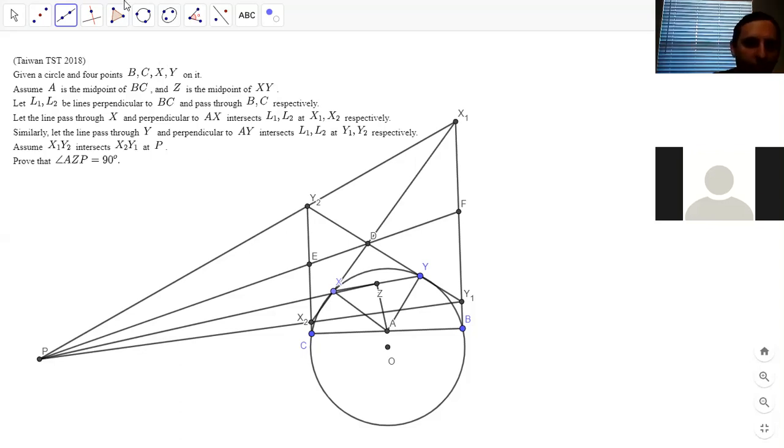Let me draw the circumcircle DAXY. We know AD is a diameter, so maybe we can intersect it with EF. That may be useful. Okay.